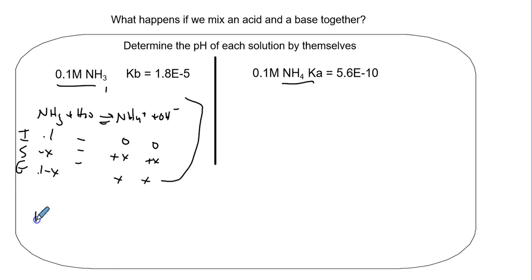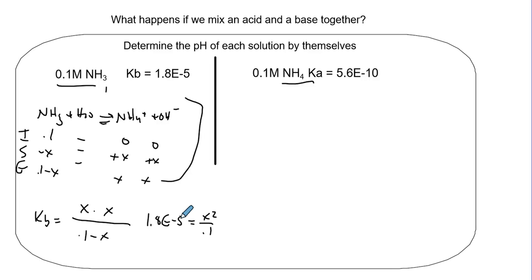So it's going to be Kb equals these two products, x times x over 0.1 minus x. I'm going to use a shortcut rule here. So it's 1.8 e to the negative fifth equals x squared over 0.1. Multiply out, square root, and then this is going to give us our pOH.